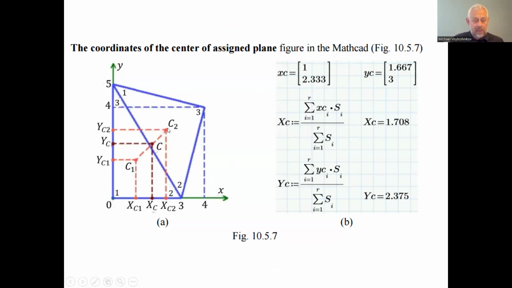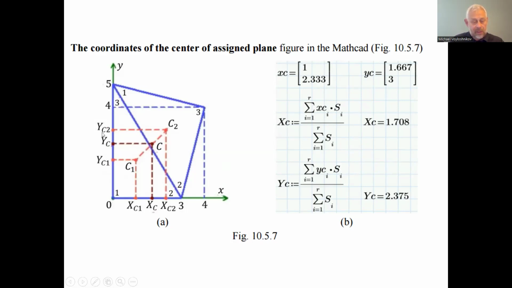We understand that the resulting center of the area of this original quadrangular figure consisting of two triangles is anywhere on the segment between these centers of areas of the separate triangles. So this is the C point.